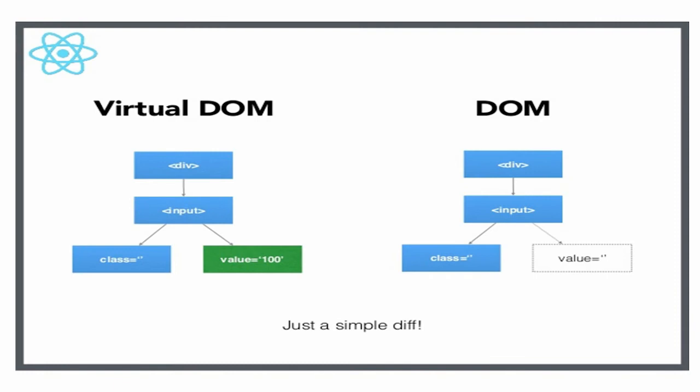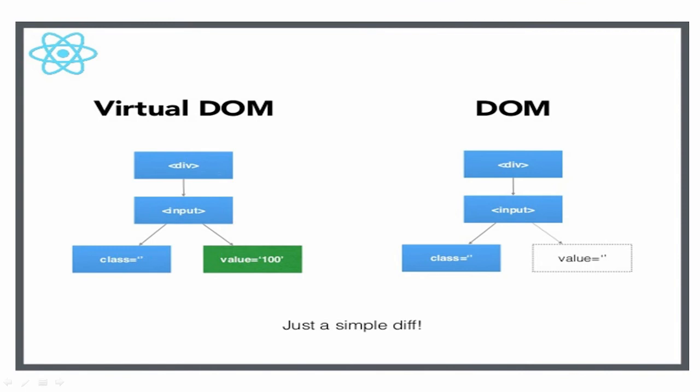Now here you can see on the screen. This is how our virtual DOM and our actual DOM work in ReactJS. On the left hand side you can see my virtual DOM, and on the right hand side my actual DOM. Let's say the actual DOM contains a div and an input with one class and one value.